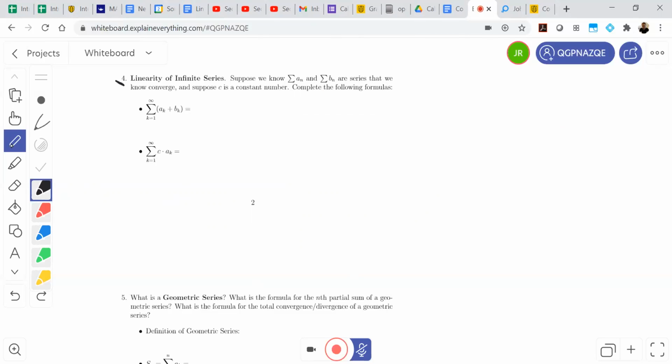So let's take a look at this, right? We simply have here the sum as k goes from 1 to infinity of a sub k plus b sub k. That breaks up nicely into two different sums. The sum as k goes from 1 to infinity of a sub k plus the sum as k goes from 1 to infinity of b sub k.